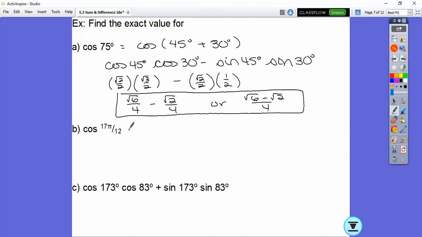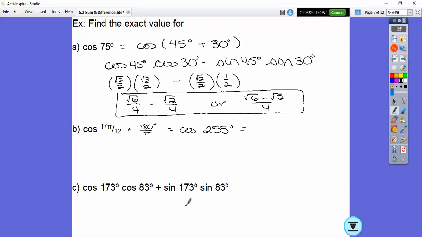Pi over 180. But we want to cancel the pi, so we'll multiply by 180 over pi. So this is the cosine. Let's see, pi's drop. 17 over 12 times 180. So that's 255 degrees.